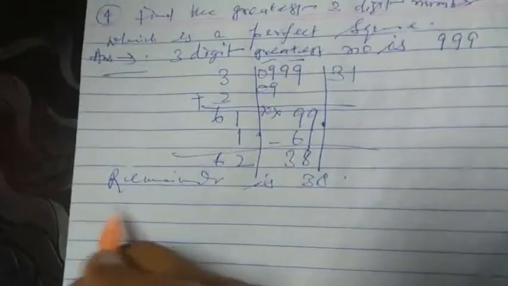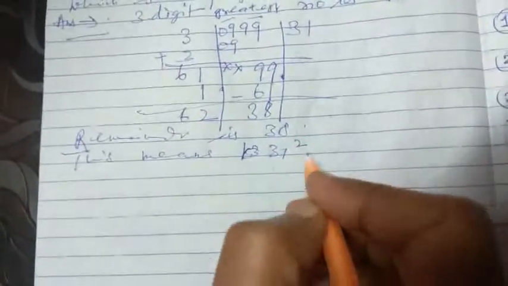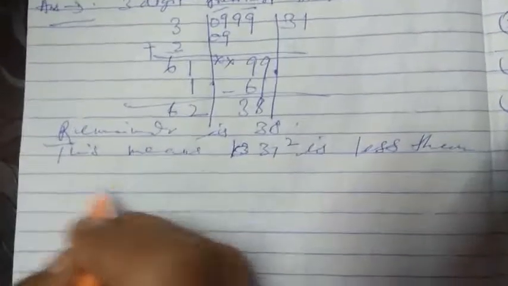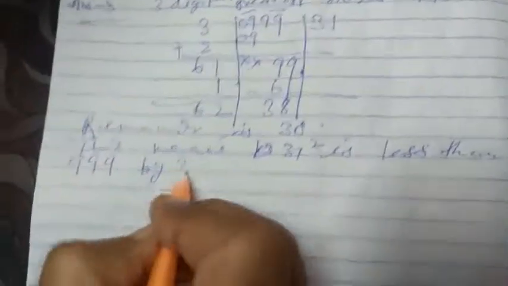This means that here the remainder is 38. This means that 31 squared is less than 999 by 38.